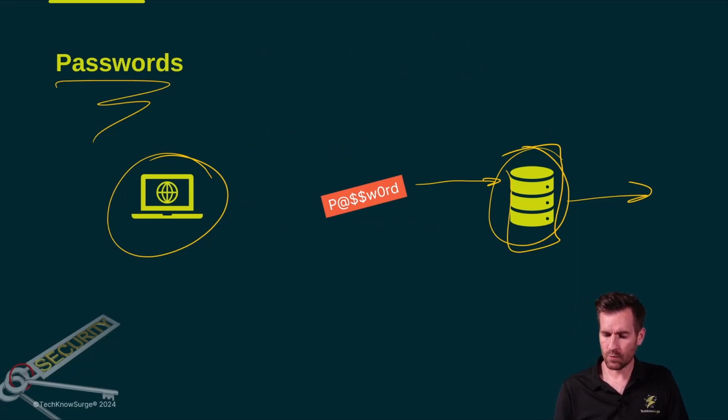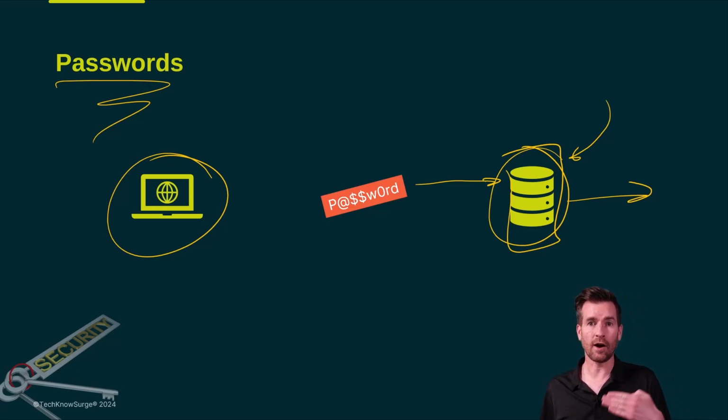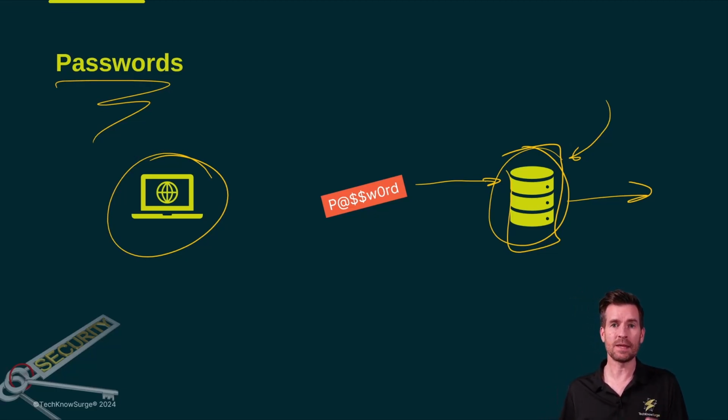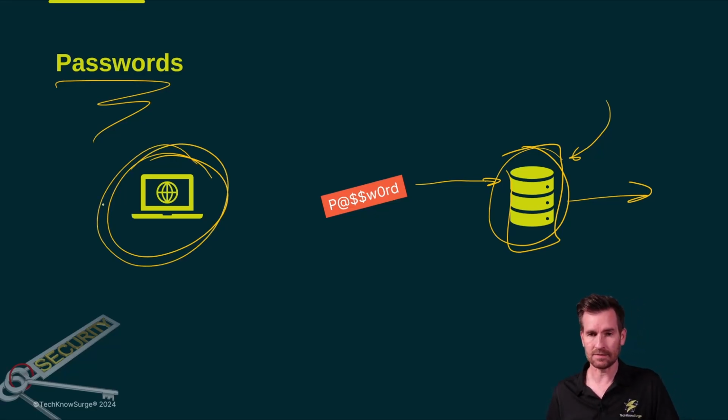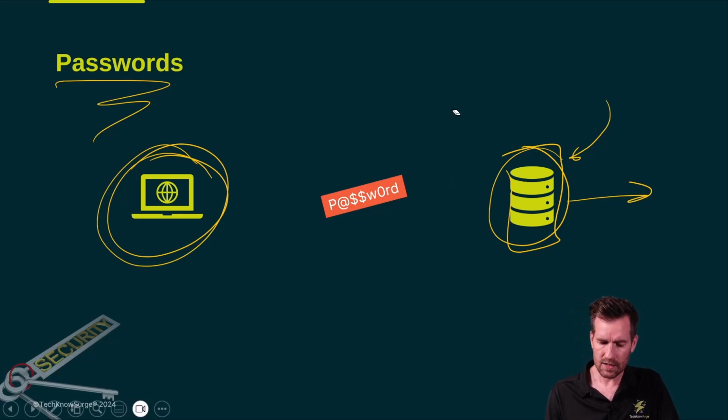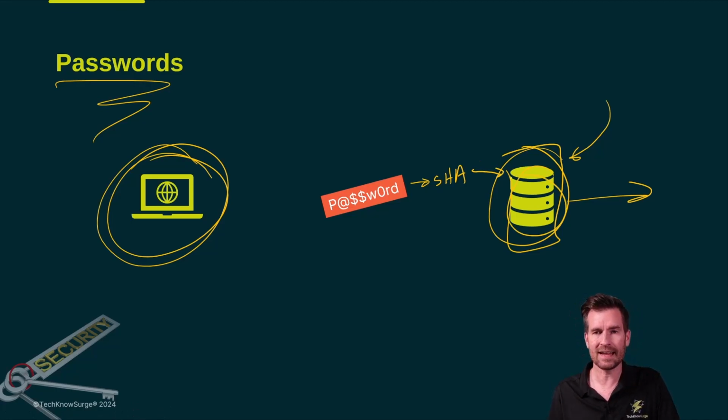Another problem is we could have an internal threat that would go into this database and start stealing and looking at these. We don't even want our internal admins to be able to see passwords. The only person that should be able to see a password is the user themselves. So what we can do is take their password and put it through one of these algorithms. Let's say we put it through SHA, and we create a unique fingerprint, and that's what we store on the database.